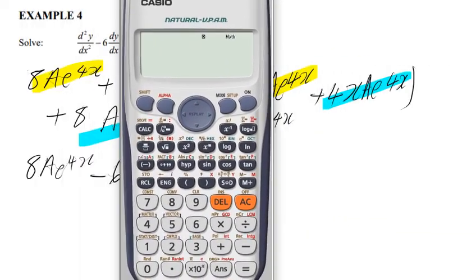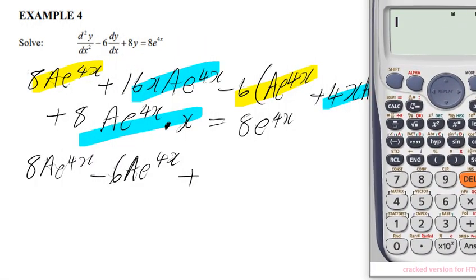So you're going to have 16 minus 6 into 4, then plus 8.